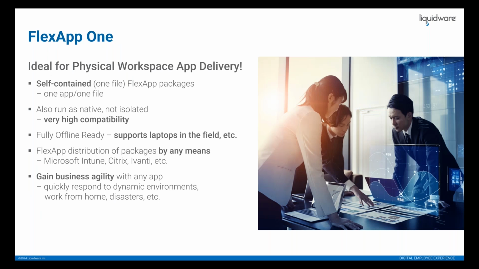So this is ideal for physical workstation app delivery. We are self-contained, highly compatible. We run as fast or faster than native. So this isn't like application virtualization, like the old school ThinApp days where an application runs slower simply because it's inside this little bubble. We're not doing that. Application layering makes your applications run faster, not slower.